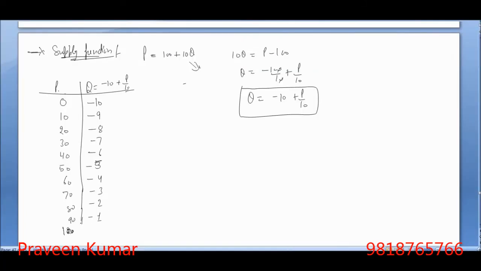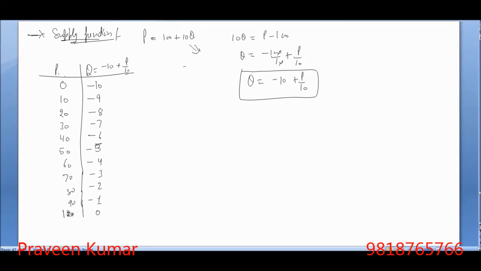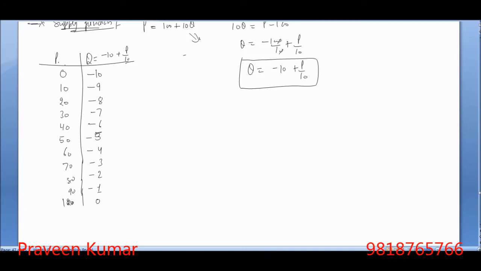At 100 the quantity is 0. At 110 the quantity supplied would be 1 unit. Then at 120 the quantity supplied would be 2 units, and so on and so forth.